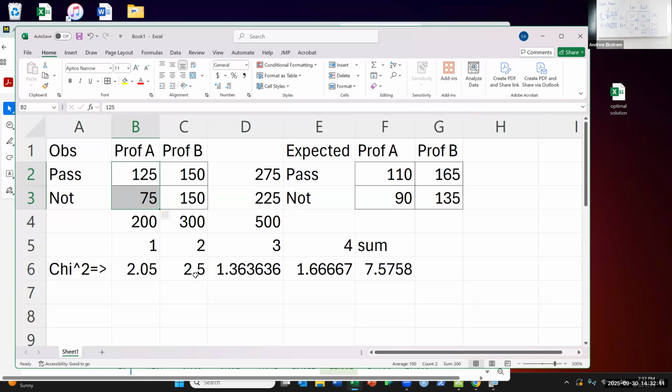And then we can go back and look at these, like we were talking about last time with myself versus the other professor. Perhaps there's an expectation that a certain percentage of students will not pass the class.